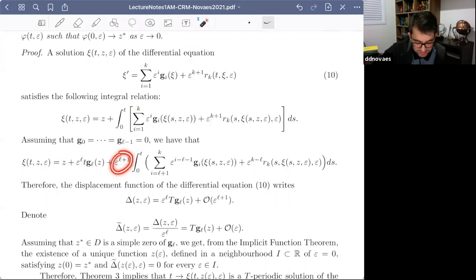Here epsilon^(L+1) is multiplied by the integral between 0 and t of something that is bounded.